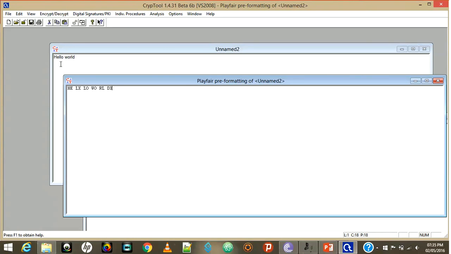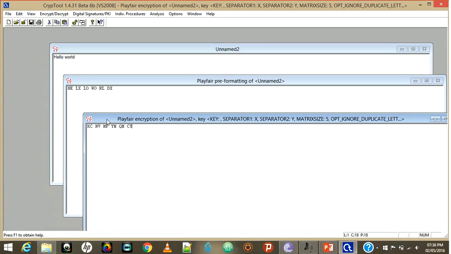I told you that if two identical letters are adjacent, we add a dummy letter, and the dummy letter is X. Then LO, WO, RL, then DX. Why DX? The last letter left is only D, an odd number of letters, so we add one more dummy letter. It should be two letters, so we add a dummy letter again. These are the rules. This is the encrypted message.